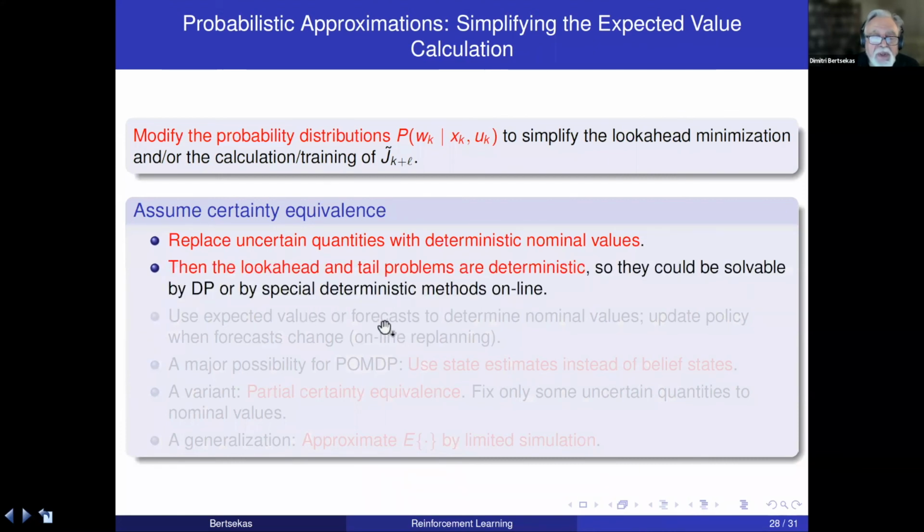Then what happens is that the look-ahead minimization problems become deterministic, as I mentioned earlier. So they could be solved by shortest path type of methods or special methods, deterministic type of methods. The advantage here is that multi-step look-ahead minimization for deterministic problems is much simpler. So what we do here is replace the random quantities with deterministic quantities and make the calculations deterministic and simpler that way.